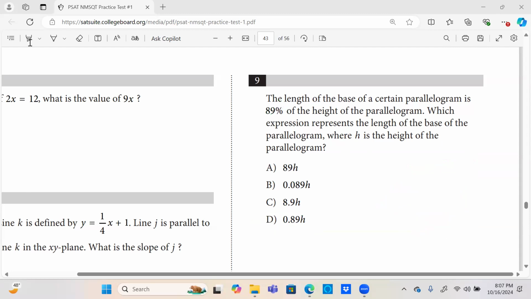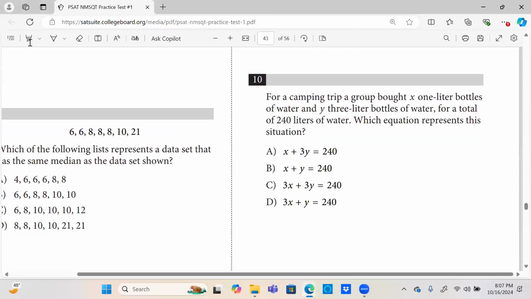Okay. 10. For a camping trip, a group bought x 1-liter bottles of water and y 3-liter bottles of water for a total of 240 liters. Which equation represents this? Well, it's definitely going to equal 240. If we had a choice that didn't, we could knock it out, but they all do.